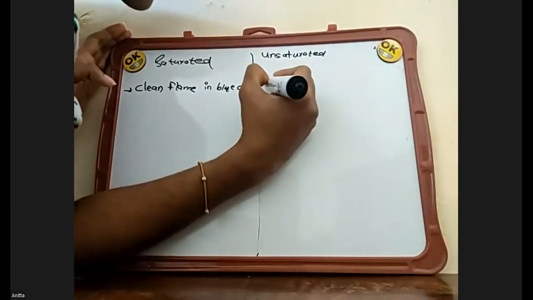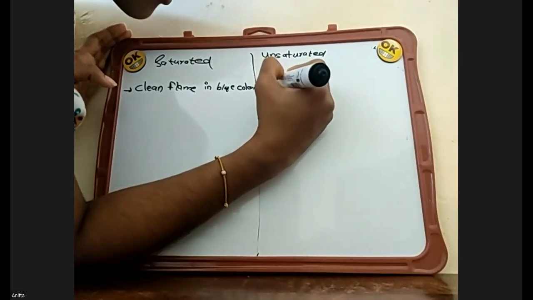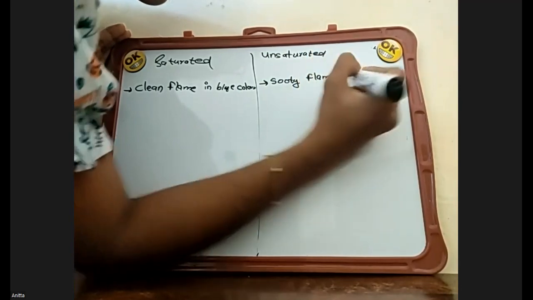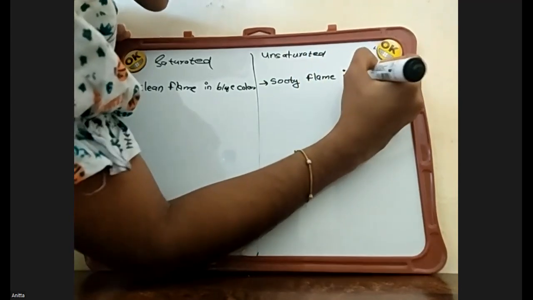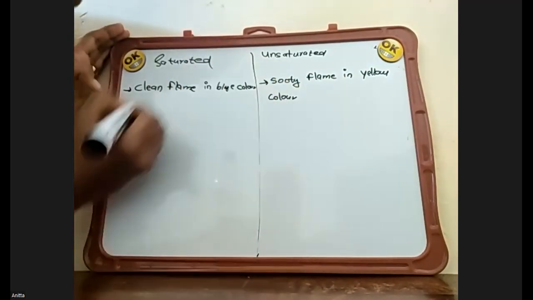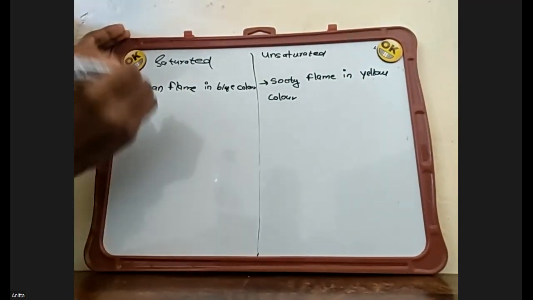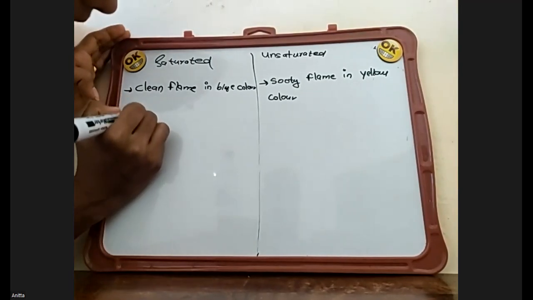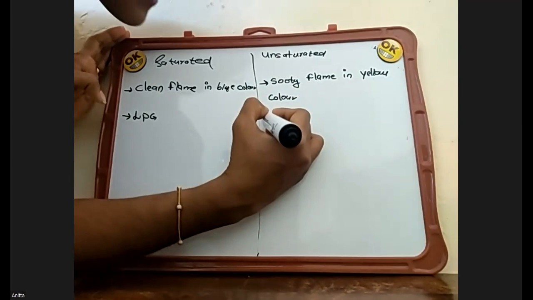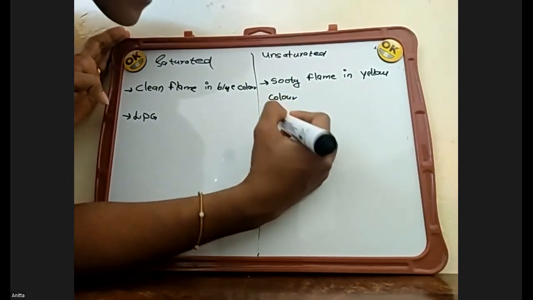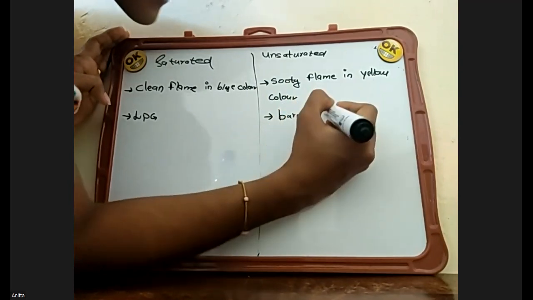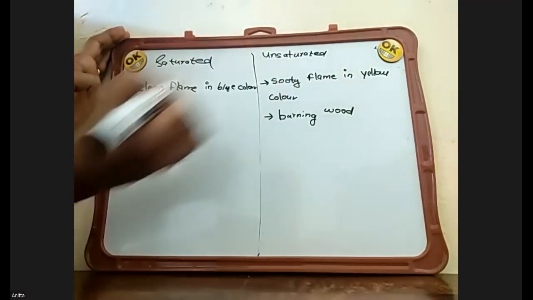In the unsaturated condition, it is a sooty flame in yellow color. An example for the saturated condition is LPG. LPG is an example of a saturated hydrocarbon. In unsaturated hydrocarbons, an example is burning wood. Burning wood is an example of the unsaturated condition.